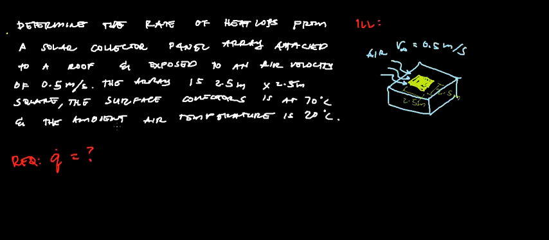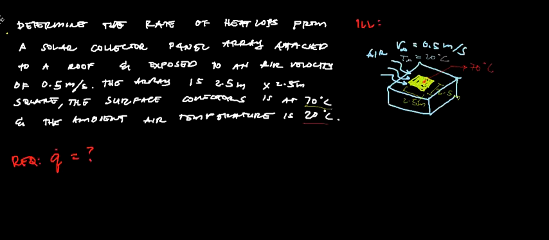What else? The surface of the collector is at 70 degrees Celsius, and the ambient air temperature is 20 degrees Celsius, so our air is at 20 degrees Celsius.